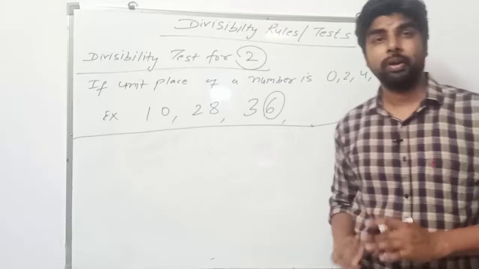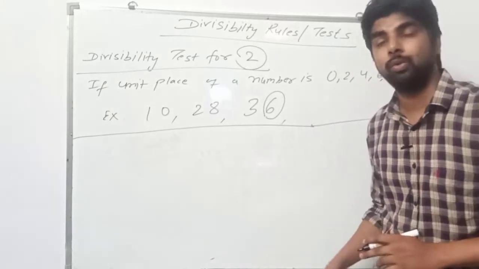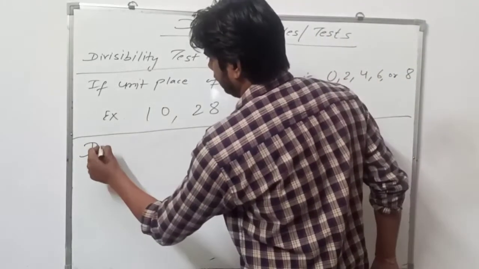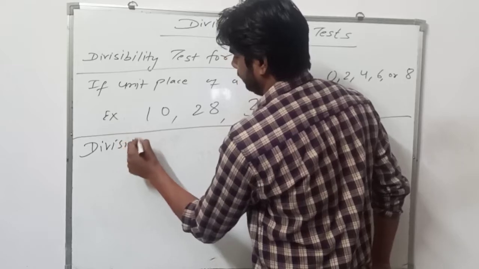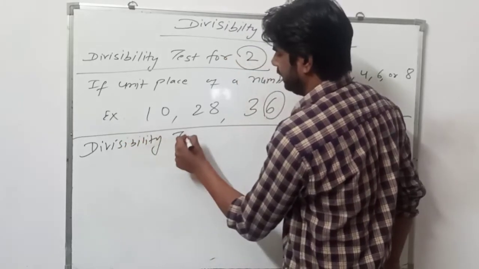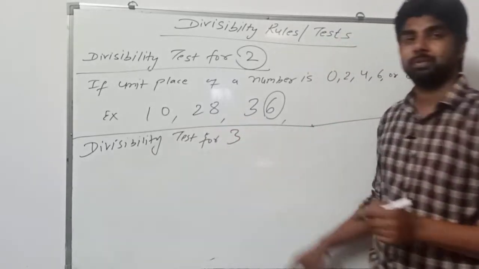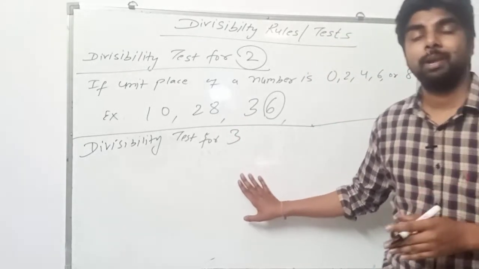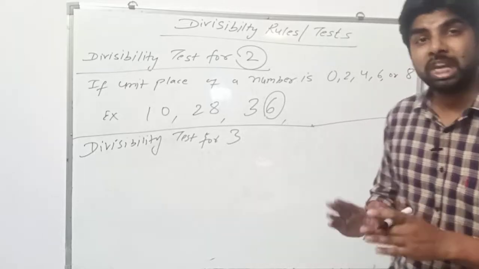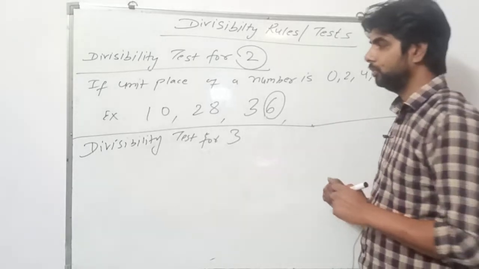So this is how we can find out whether a particular number is fully divisible by 2 or not. Now we will learn the divisibility rule for 3. Divisibility test or rule for 3. Now suppose we have to find out whether a number is completely divisible by 3 or not. So what will we do in that case?